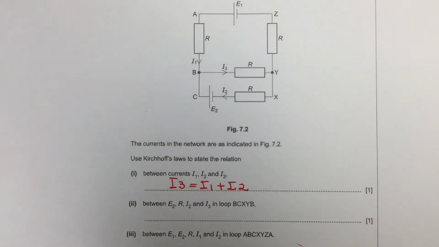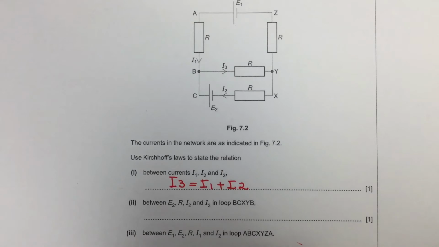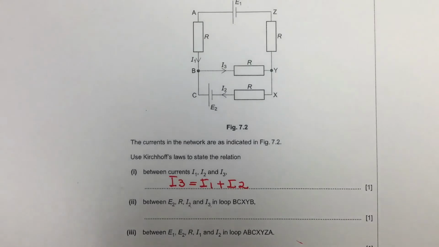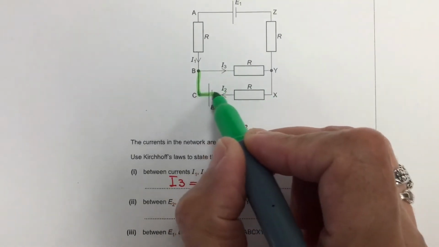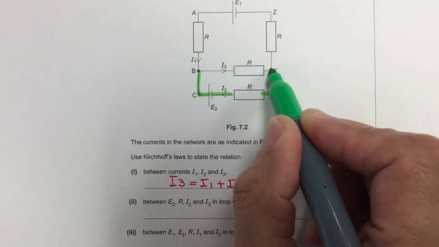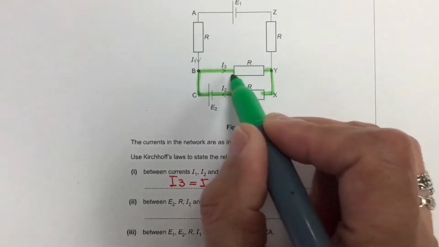Now this question is asking to find the relationship between E2, R, I2, and I3 in the loop B, C, X, Y, back to B, this loop.